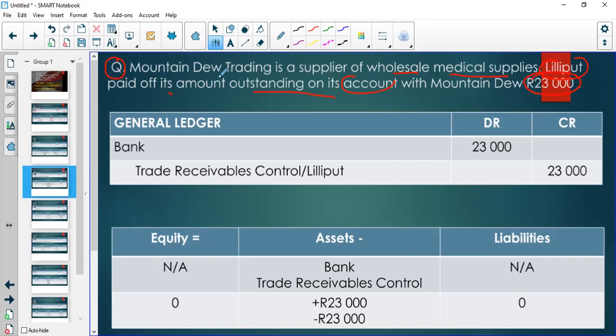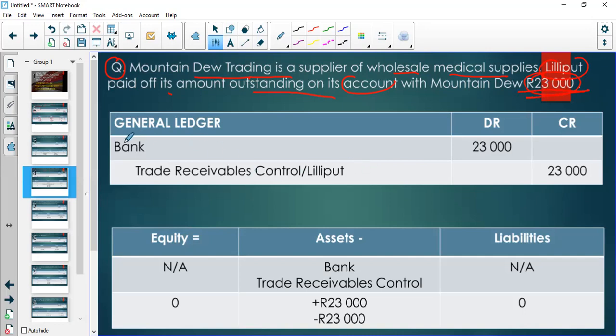So we go to the books of Mountain Dew. Like I said, remember these are summarized transactions. The proper transactions in your assessments will tell you from which side you are recording. So we are going to record this because this is a cash receipt transaction that we're dealing with, and Mountain Dew received that.